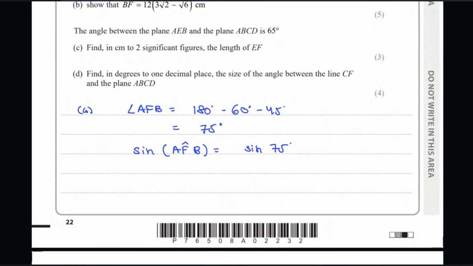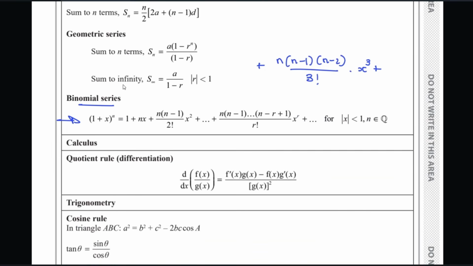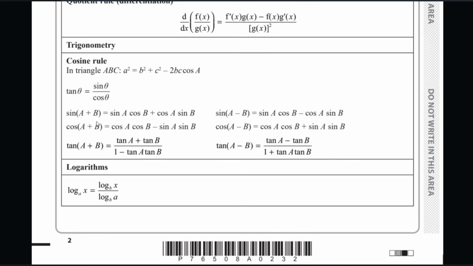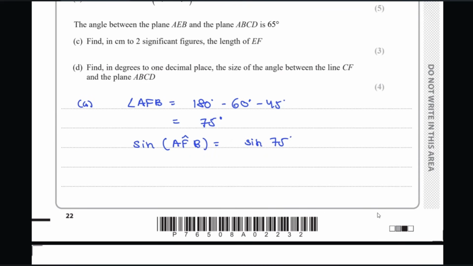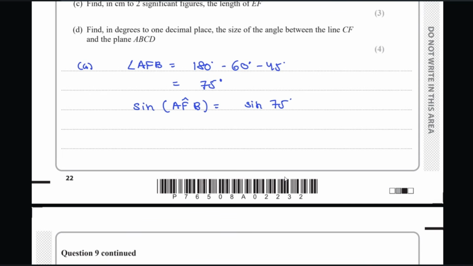Let's have a look at page 2. So if we look at page 2 under trigonometry, we have sine. So we can use this formula. Sine A plus B is equal to sine A cos B plus cos A sine B. So right now we have sine 75, and we need to split 75 into two angles which are special angles, either 30 degrees, 45 degrees, or 60 degrees. So we can split 75 degrees into 30 degrees and 45 degrees.